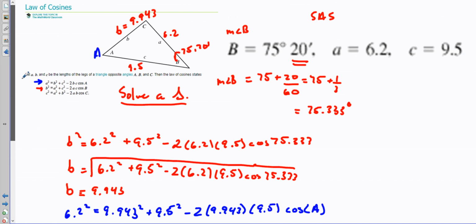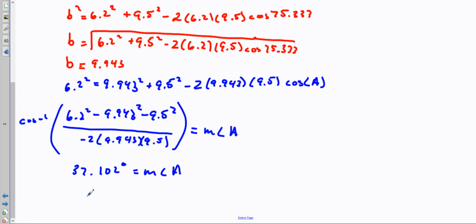To find the measure of angle C, just like we've done in all the other problems, we take 180 minus our two known angles.